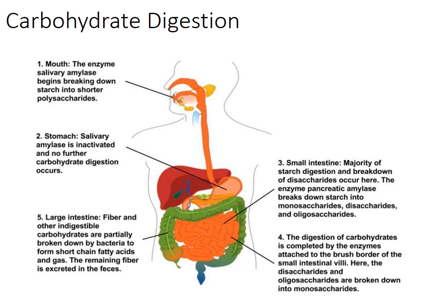Sucrase breaks sucrose into glucose and fructose molecules. Maltase breaks the bond between the two glucose units of maltose, and lactase breaks the bond between galactose and glucose. Once carbohydrates are chemically broken down into single sugar units, that is monosaccharides, they are then transported into the inside of intestinal cells.